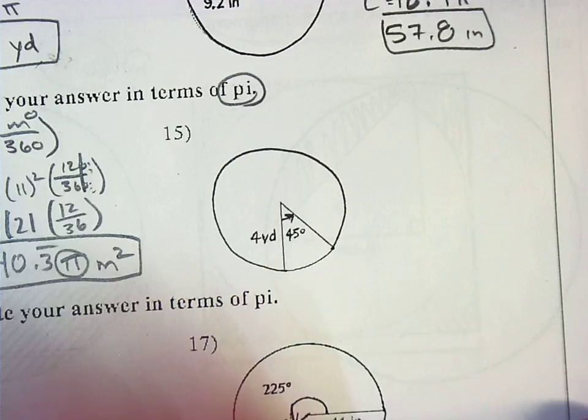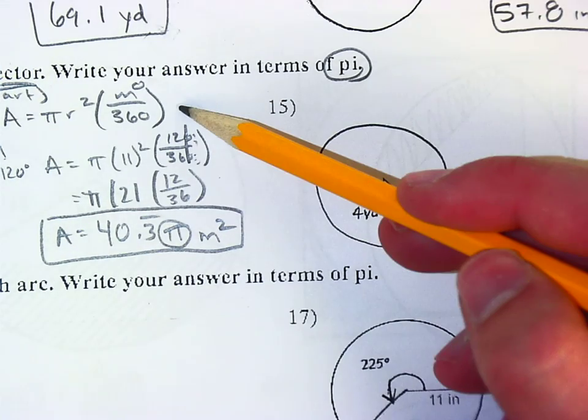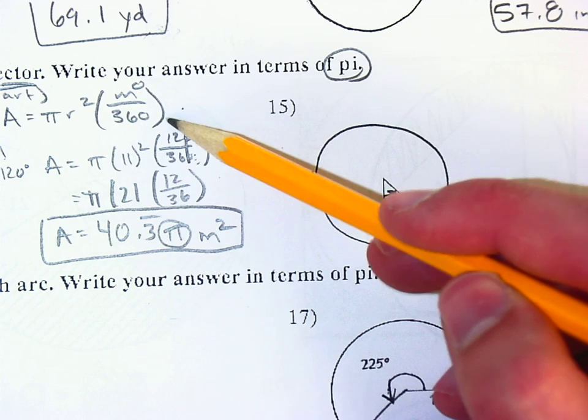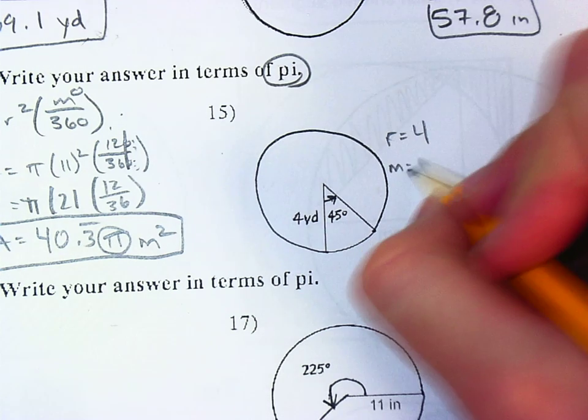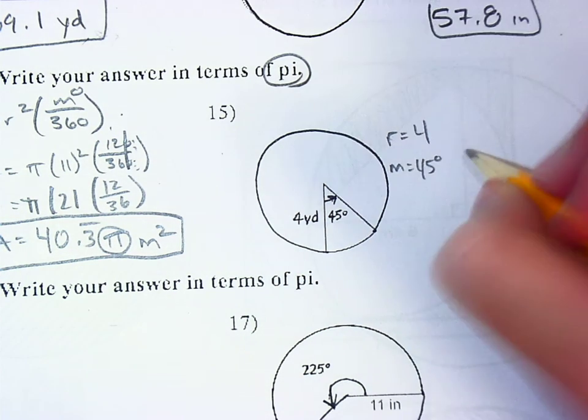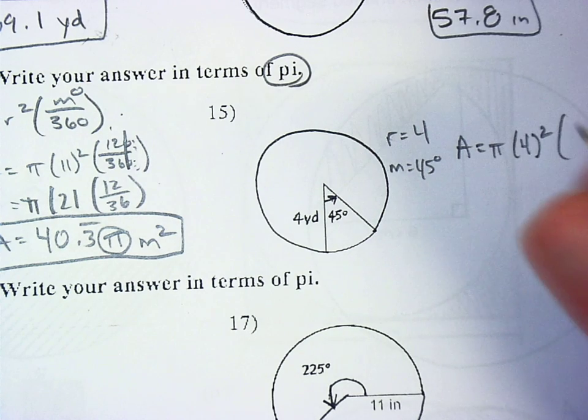Let's do another one. Let's do 15. We're still using that same formula. Area equals pi r squared times the part fraction. Except this time our r is 4 and our m is 45. So we're just going to plug those in. Pi times 4 squared times 45 over 360.